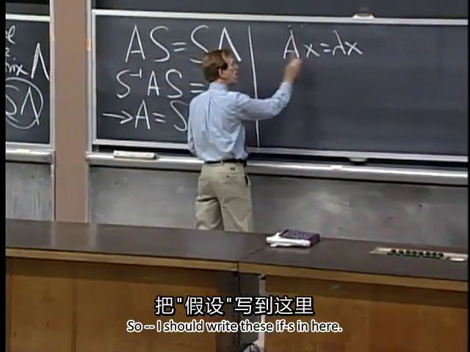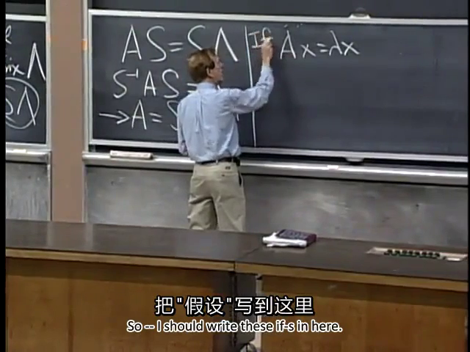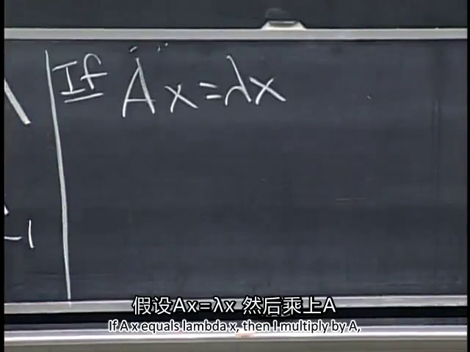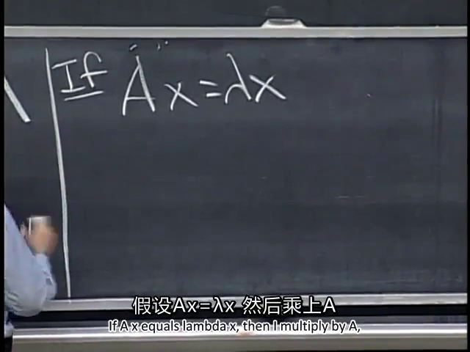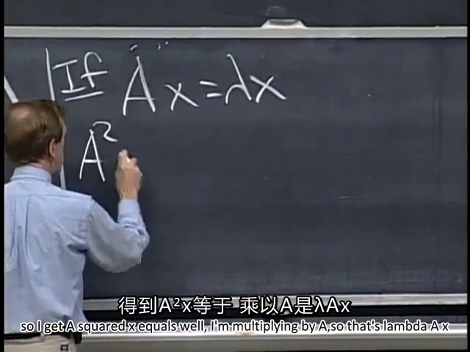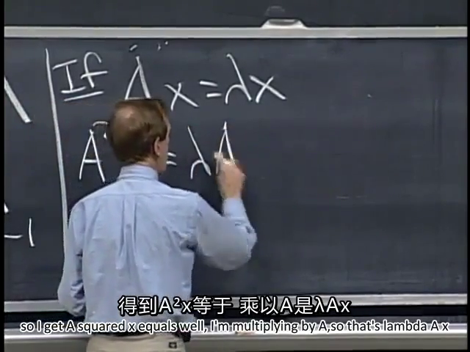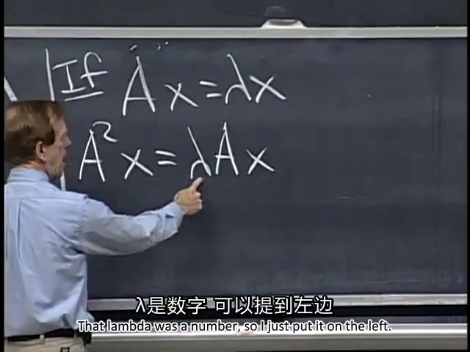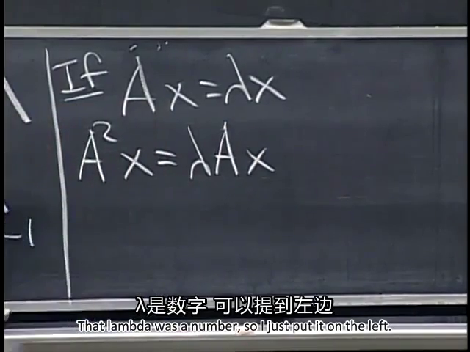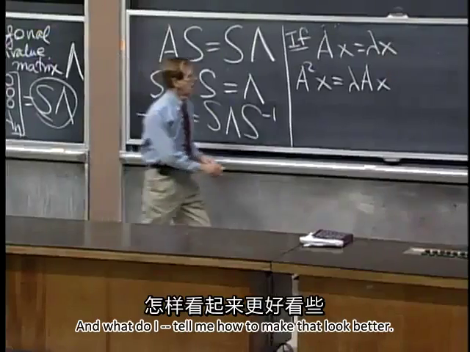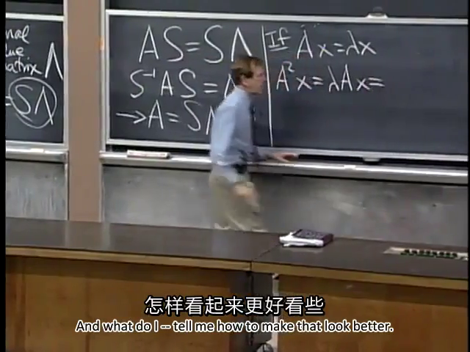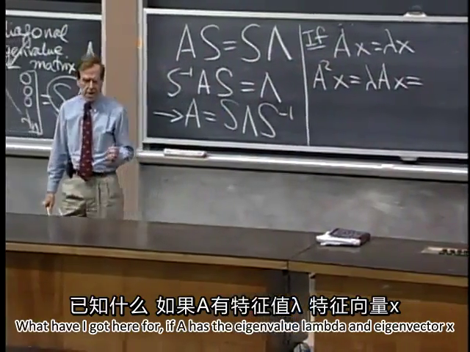If Ax equals lambda x, then I multiply by A. So I get A squared x equals lambda Ax. That lambda was a number, so I just put it on the left. What have I got here?